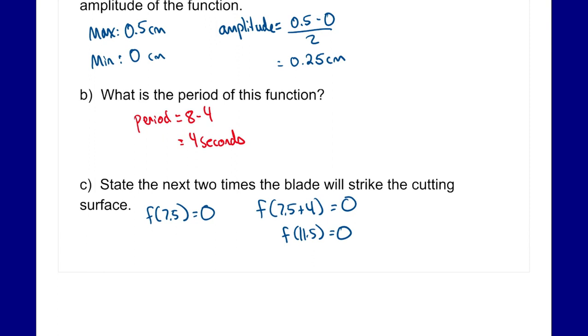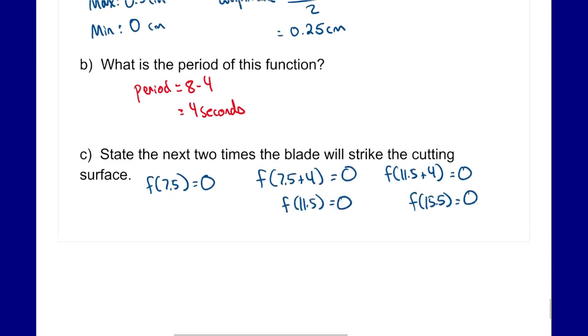The next time after that, for the second time, it's going to be f at 11.5. I'm going to move 1 period over, or 4 seconds, and that will give me a value of 0. So when f is 15.5, the function equals 0. Therefore, the next times the blade is striking are at 11.5 seconds and 15.5 seconds.